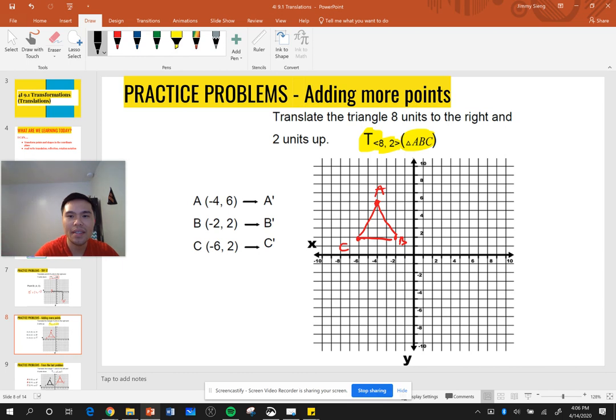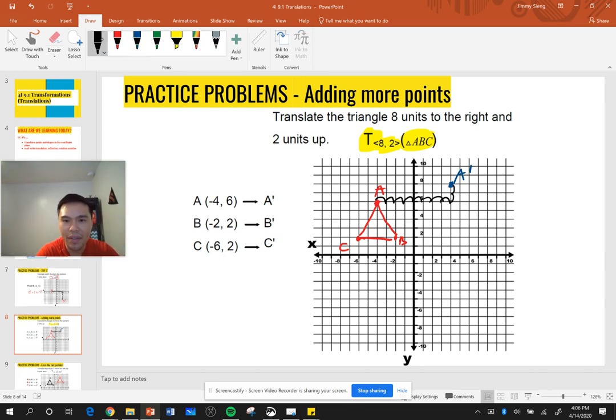So let's just take, for example, point A. I'm going to go to the right, 1, 2, 3, 4, 5, 6, 7, 8, and then go up 1, 2, right? So that's where A is going to be. I'll do this in blue, we call that A prime, okay? I can do that to all the other points.